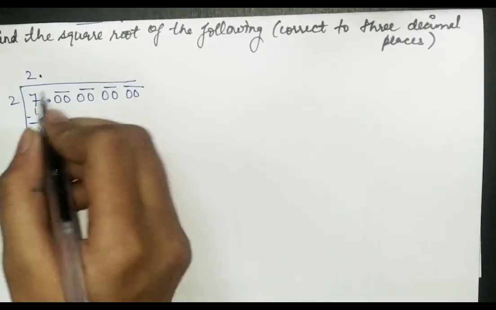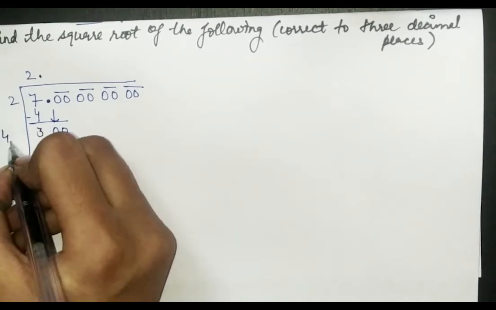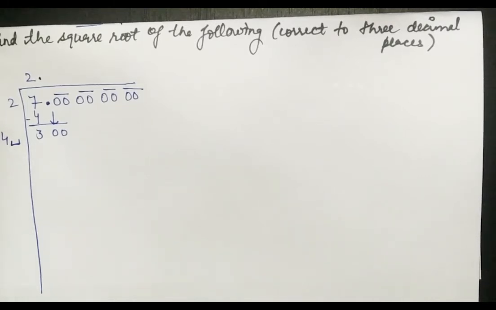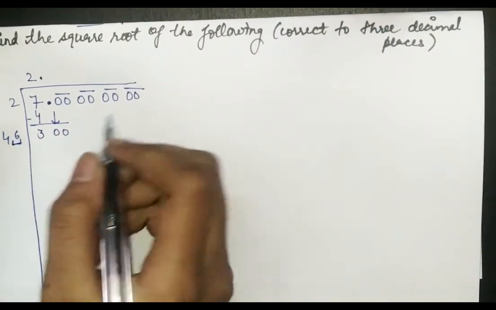So the double of 2 is 4, and then we want one number so that this will be divisible or less than this. I am not showing you how to multiply here, because that will take very long time, so you can do this on your own and practice. I am just writing the answer only, like 6, as I know.